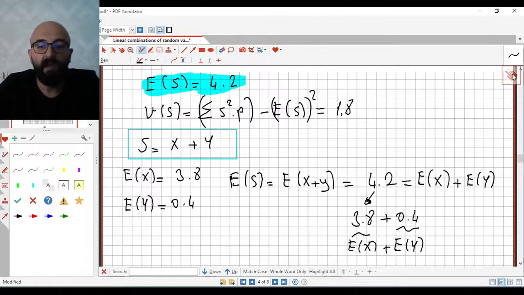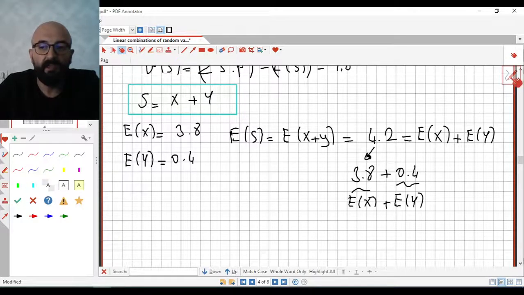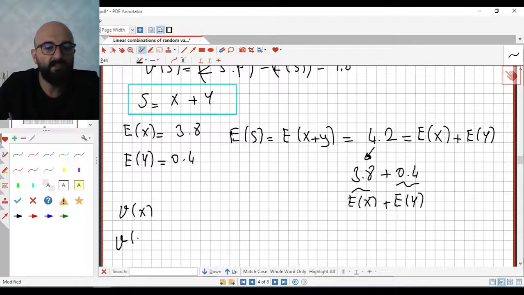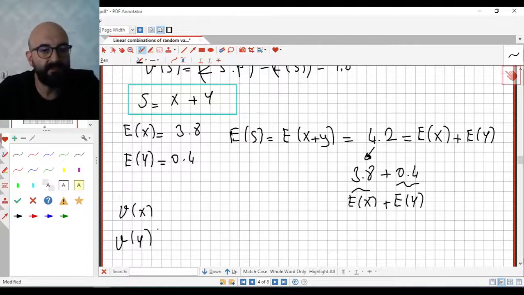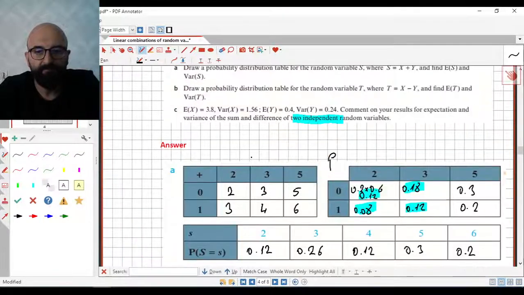Okay, now for variance, I want to look at the variance of x and the variance of y.